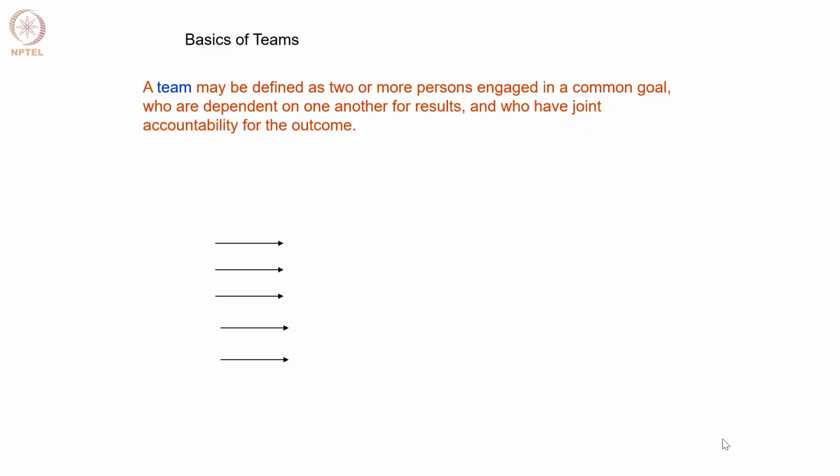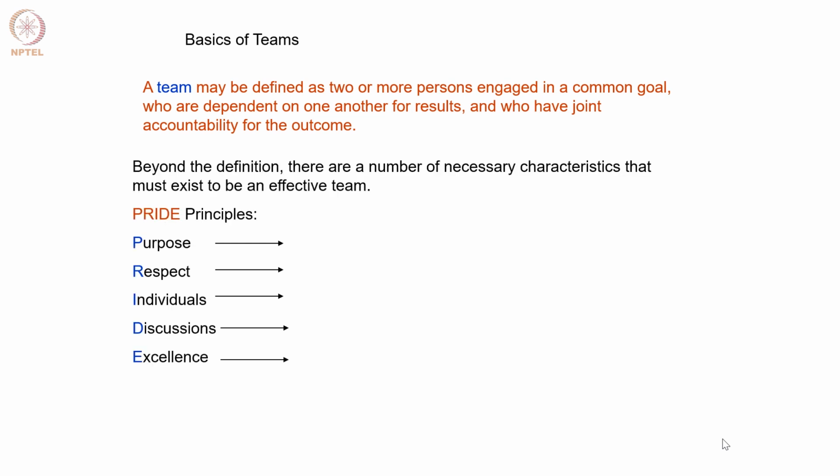So a team may be defined as two or more persons engaged in a common goal who are dependent on one another for results and who have joint accountability for the outcome. Apart from the definition, there are some principles to be followed by the team members, and we call these the PRIDE principles, which talk about purpose, respect, individuals, discussion, and excellence.